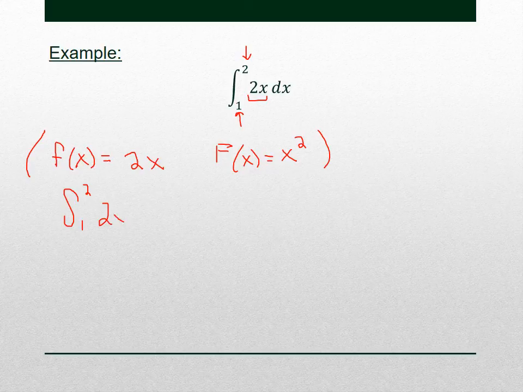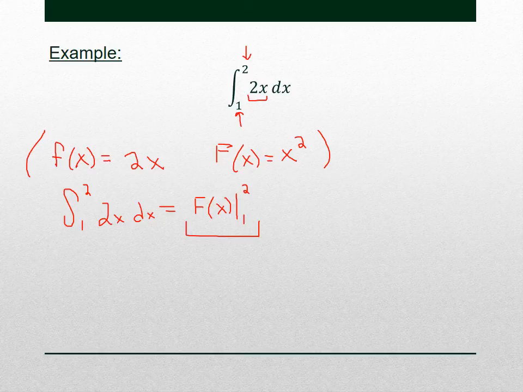So we have the integral from 1 to 2 of 2x dx. So we know by that fundamental theorem of calculus that what that is equal to is F of x, where we plug in 2 and then subtract plugging in 1. And I'm going to introduce here this new notation.